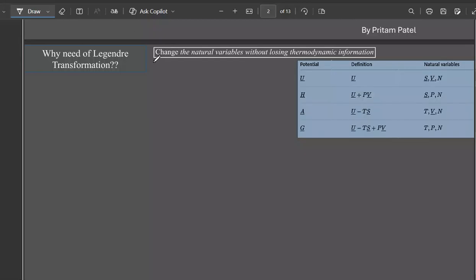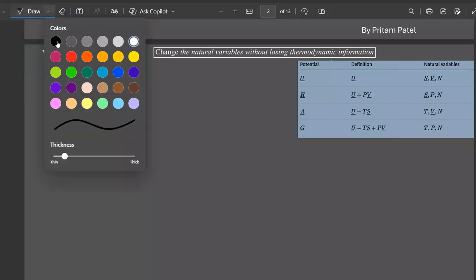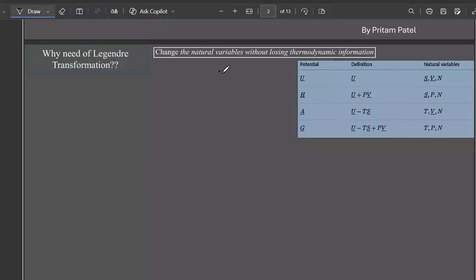First of all, we should know why we need the Legendre transformation. We already discussed why we need it: to change the natural variable without losing the thermodynamic information. We are discussing many things, like converting internal energy into enthalpy.